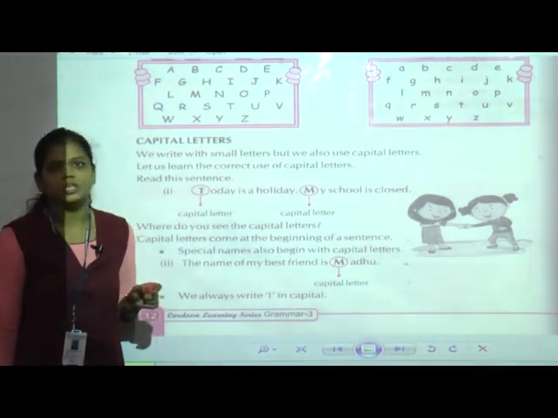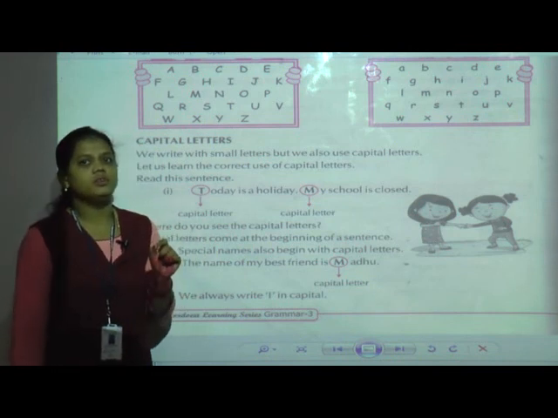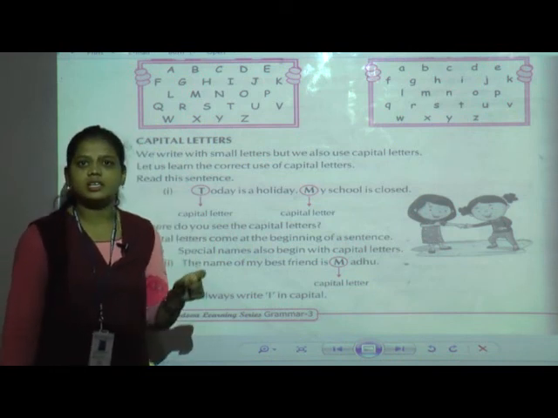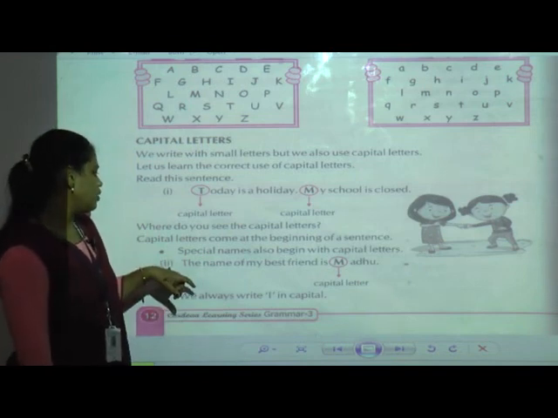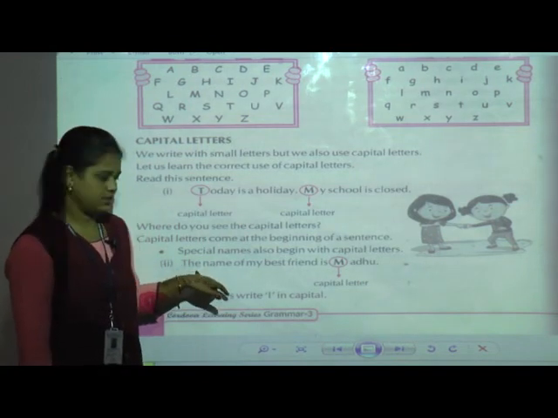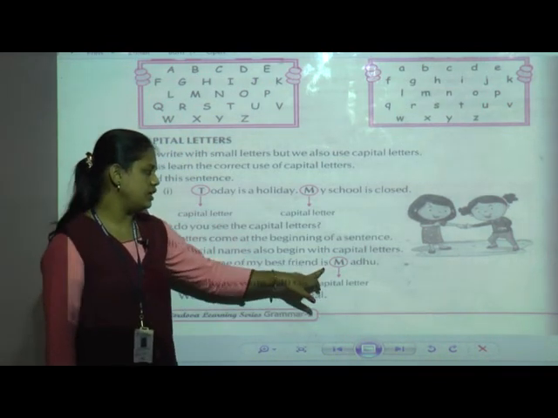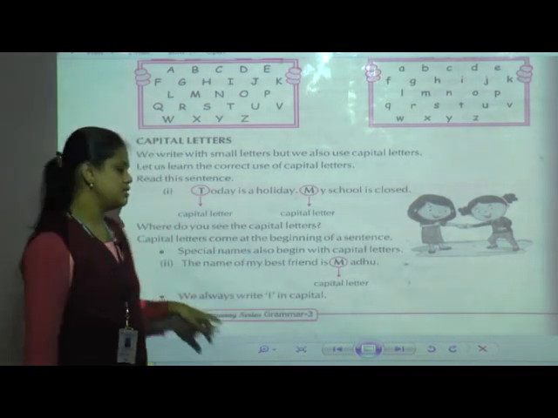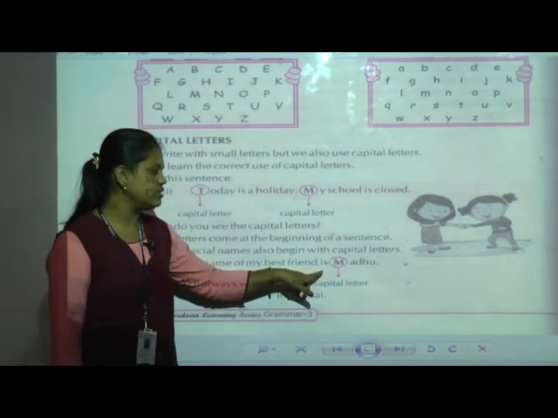I have told you that when we write some special names, the first letter we write in a capital letter. Here is one example: The name of my best friend is Madhu.